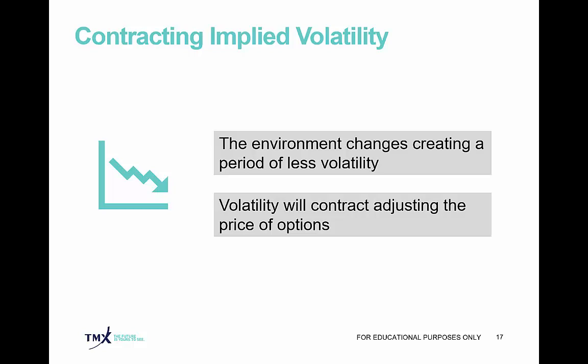When you don't know where that hurricane is going to hit or what damage it's going to do, you're going to pay a lot more than after the hurricane passes through, right? That insurance really has no value once that hurricane's passed by. So that's kind of how an option contract is priced in that sense. Once the unknown circumstances pass by, then the environment changes, creating a period of less volatility, and you get a contraction of implied volatility, and option contracts will adjust lower.